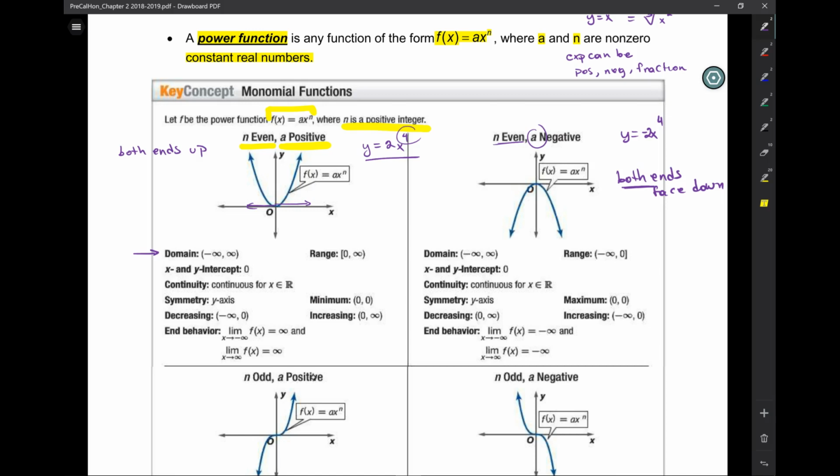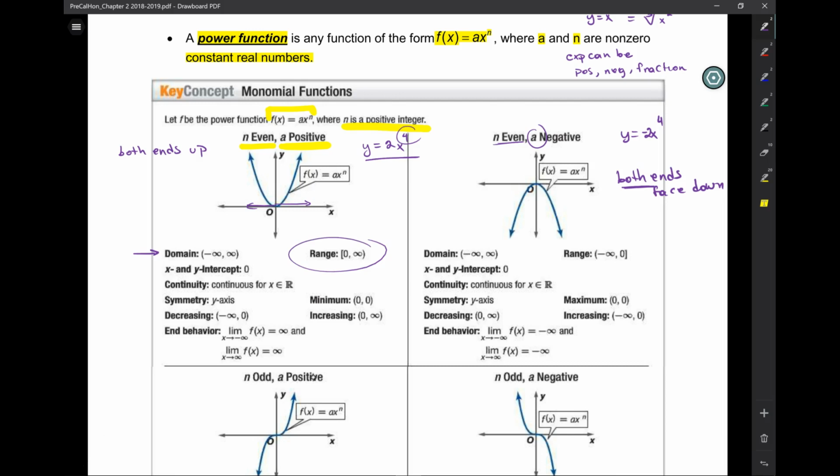They're only ever going to be positive, right? Can they be 0? Is it possible to plug in a value for x and get 0? Yes. So the range could be 0 or any other positive number. That's why the range is 0 to positive infinity.